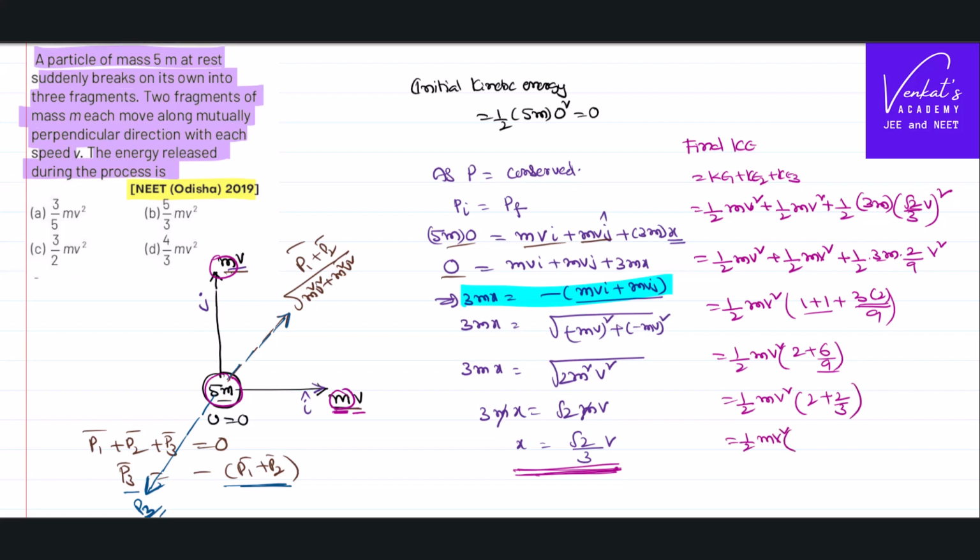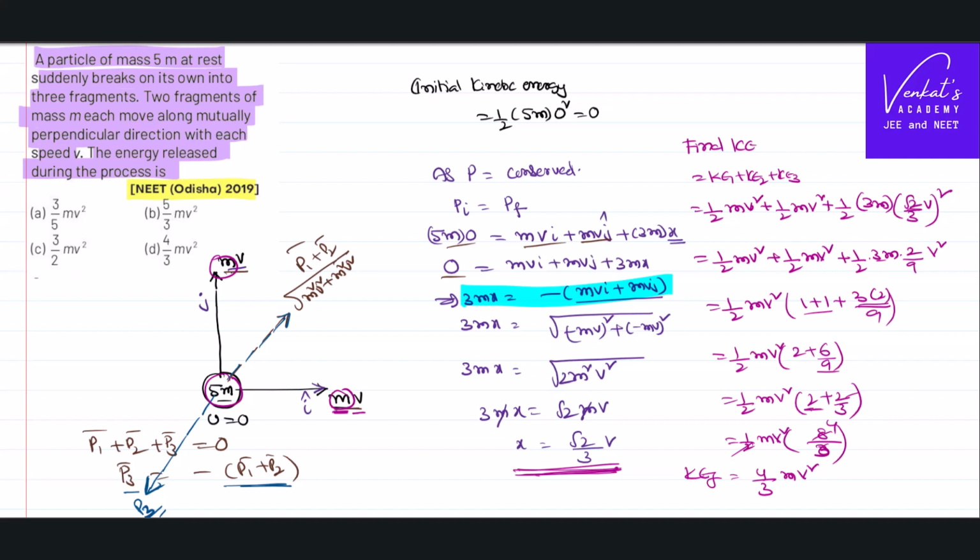Half mv square of 2 plus 2 by 3. The LCM is 3, and 2 into 3 is 6, 6 plus 2 is 8. So half mv square of 8 by 3, you can cancel that to 4 by 3 mv square, which is the final kinetic energy.